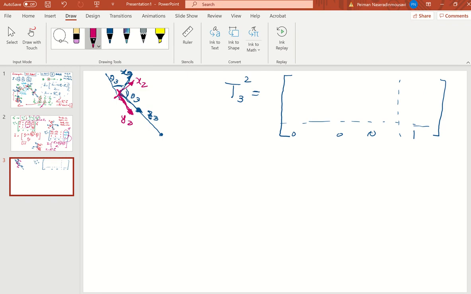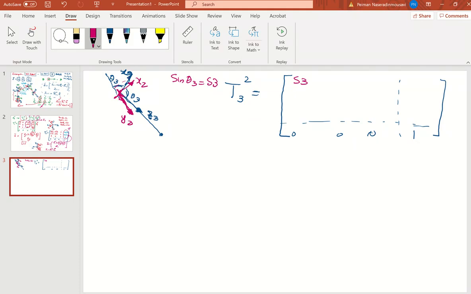x3 with respect to x2 is going to be sine 3, because I say sine of theta 3. It may take more than 2 classes for this comprehensive example of the Jacobian and its simulation in MATLAB and make a movie of this robot, okay? But when you learn this, you learn robotics basics, okay?